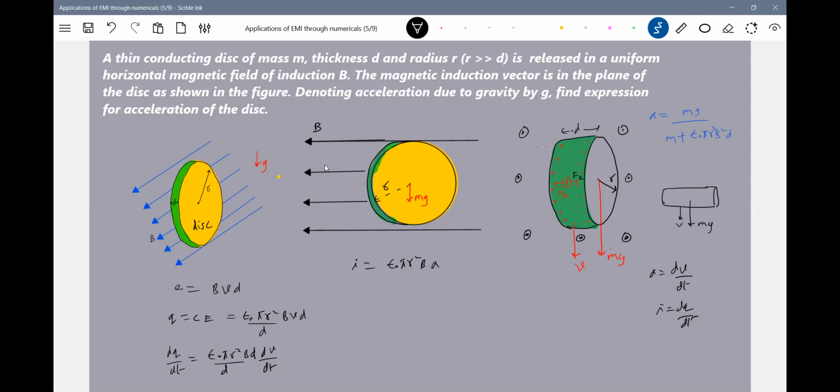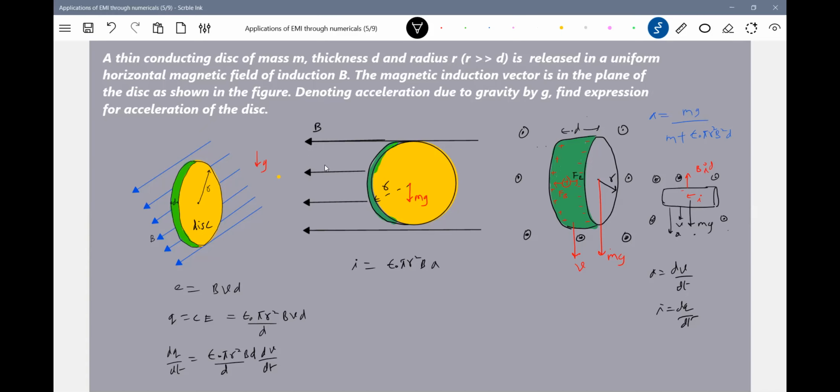Weight mg, velocity, acceleration, current I. Then the force will be BId. Here the magnetic field is, okay, I think these dots are enough.